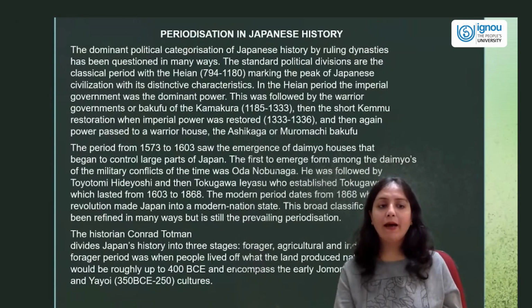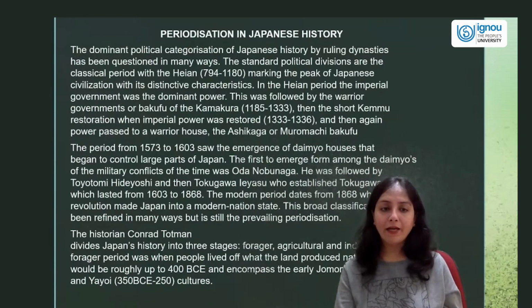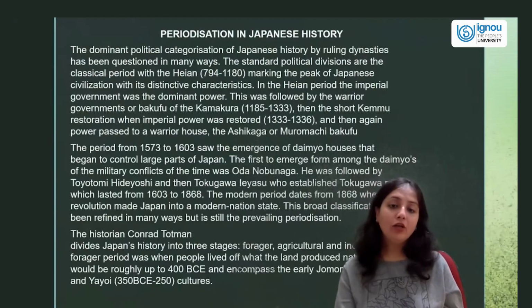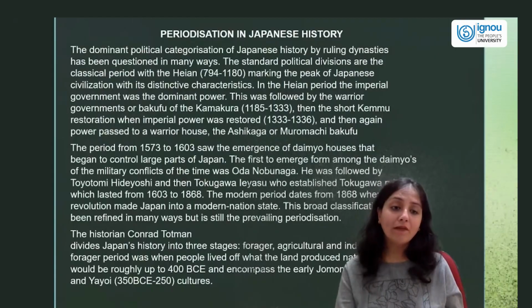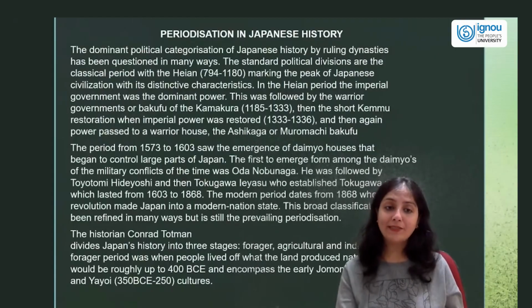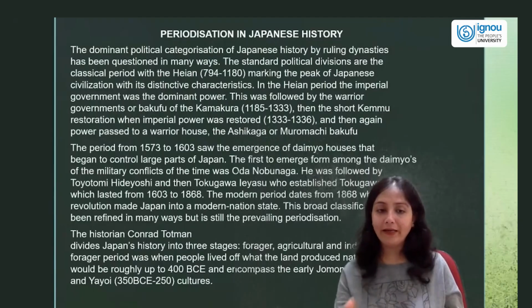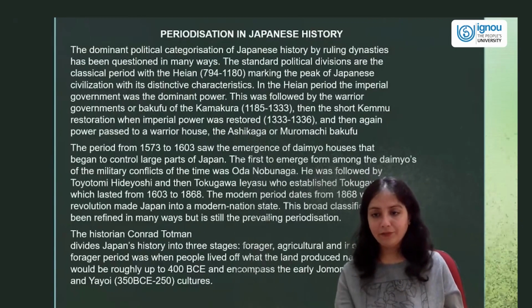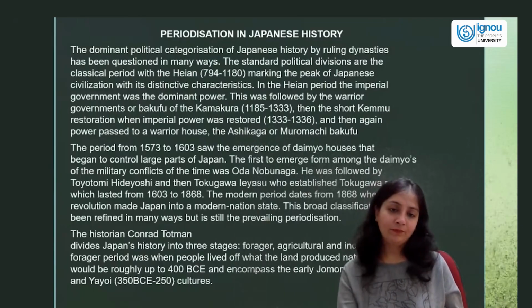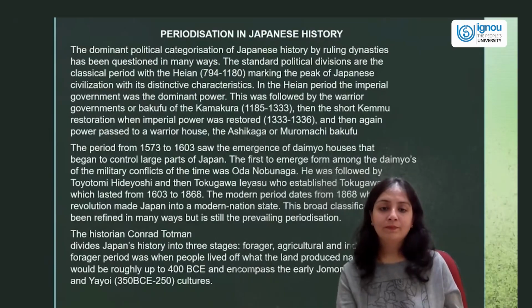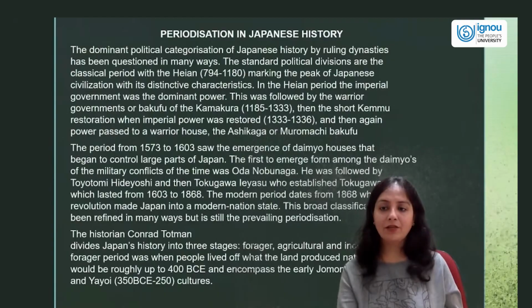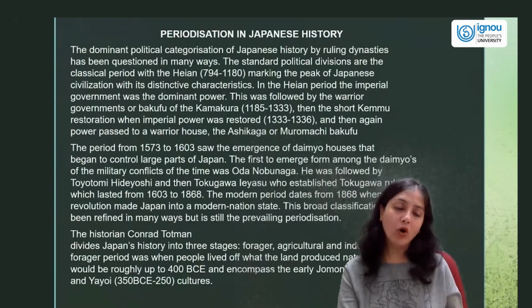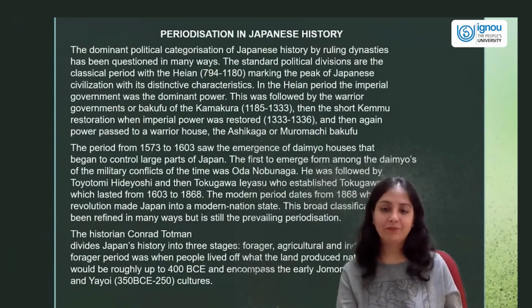He was followed by Toyotomi Hideyoshi and then Tokugawa Ieyasu, who established Tokugawa rule, which lasted from 1603 to 1868. The modern period dates from 1868, when a revolution made Japan into a modern nation state.